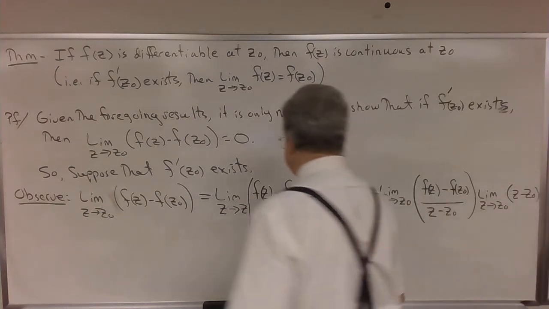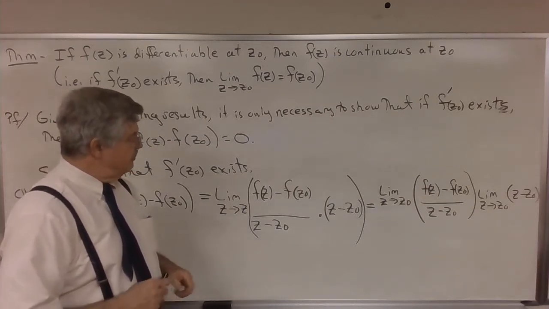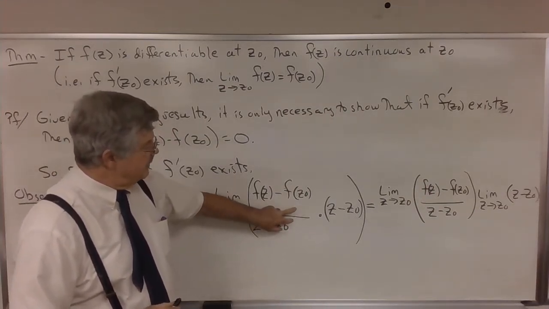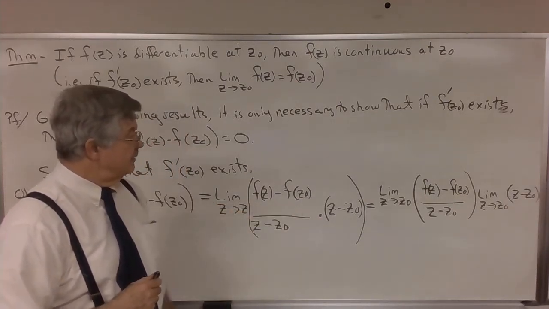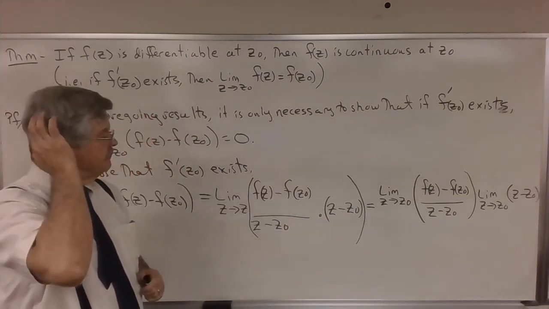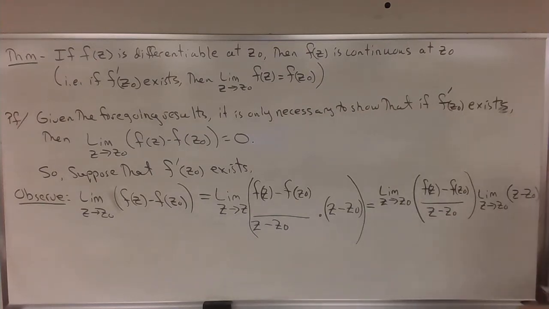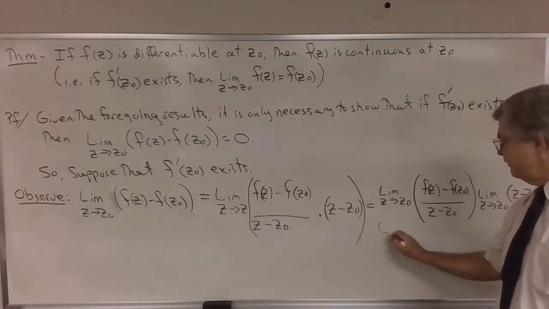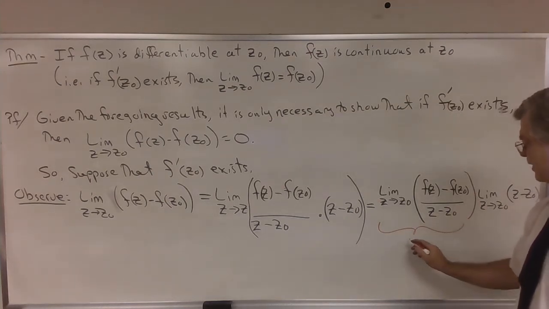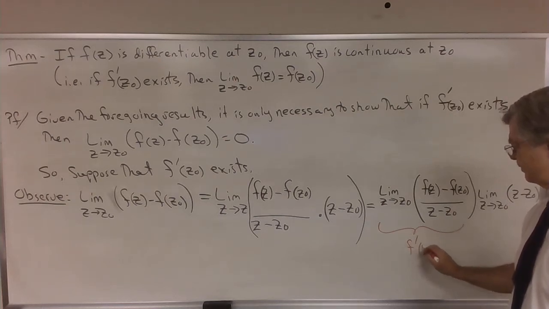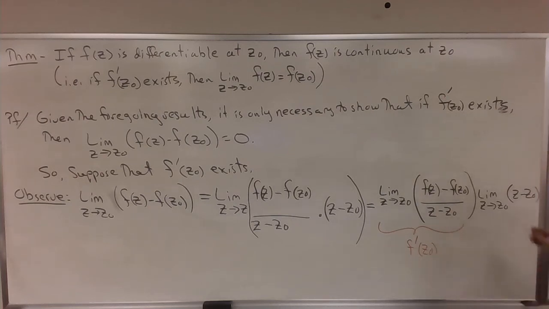So I guess what I want to do here, now that I think about it, is I will look at this thing as being a product. It'll be the product of this times that. And so I'll get the limit of the first thing times the limit of the second thing. But what is this whole limit? Isn't that f prime of z0, which does exist, doesn't it?